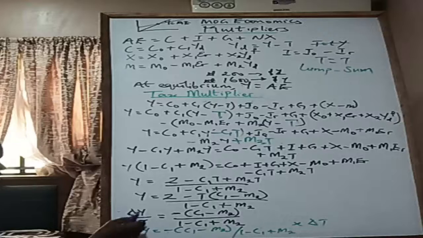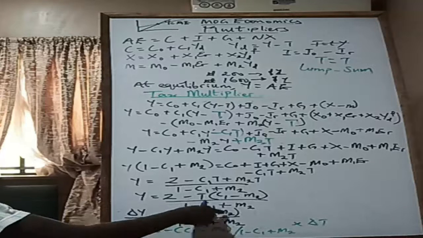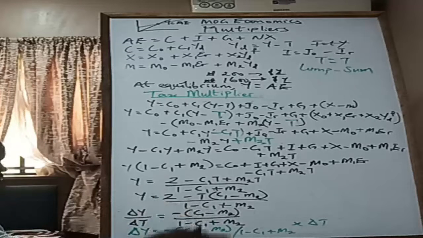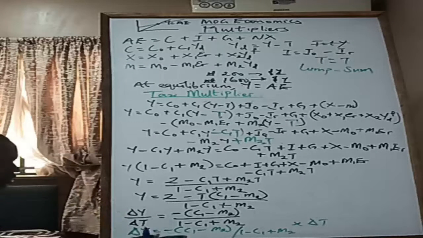So when there is a change in tax, if the tax should increase, you would expect that equilibrium income or equilibrium GDP will reduce because of this minus here, and the fact that MPC would always be greater than your marginal propensity to import. Do you understand? And if there is a reduction in your tax, then you expect that your equilibrium income or GDP is going to increase.